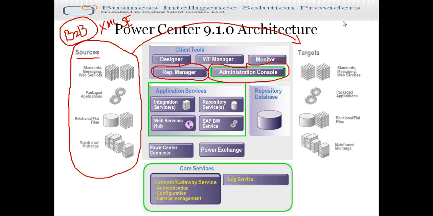Now, based on those volumes of data, your hardware also would change, because processing that kind of data requires a lot of buffer space, RAM space, and your logging space on the server. Because if you have that many jobs, you need to have that kind of space to hold all that content.